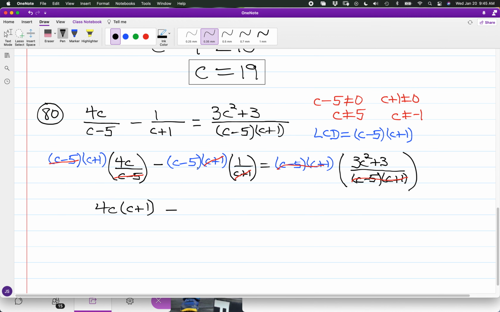after the clearing of fractions, we have a bit of history repeating, where you have the distribution of subtraction over a binomial. And to the right, you have 3C squared plus 3.